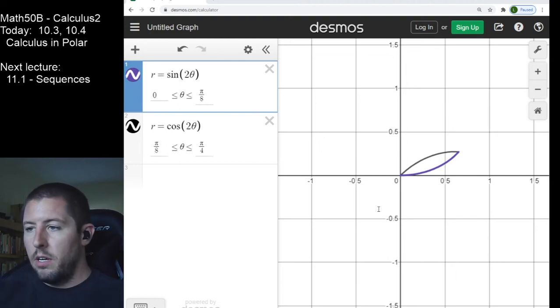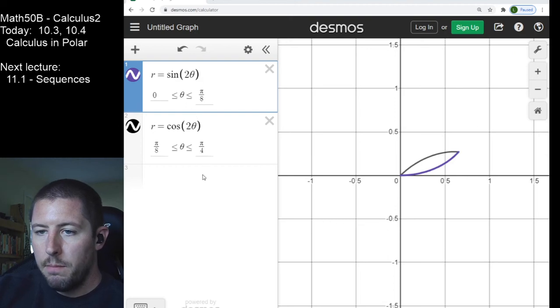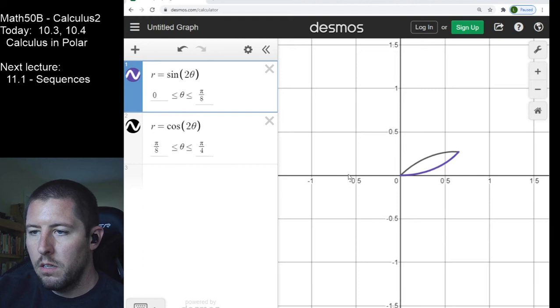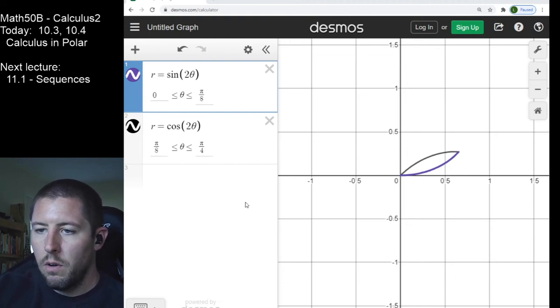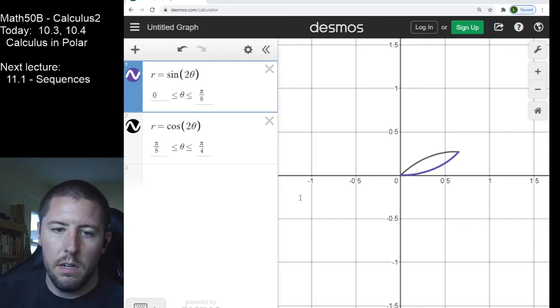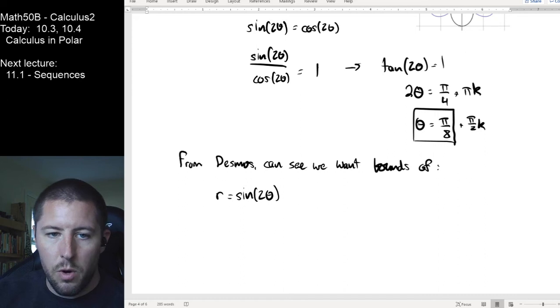So, what did we just learn here? For the r equals sine of 2 theta, oh my gosh, I'm sorry, I'm over here in Microsoft Word again.